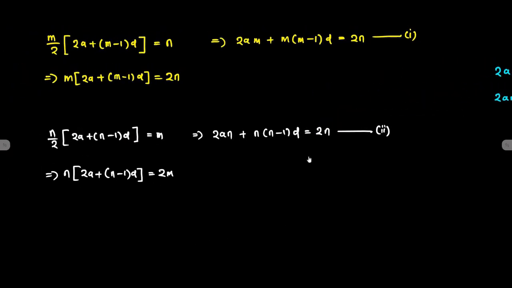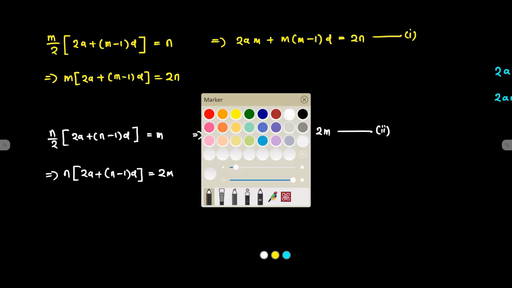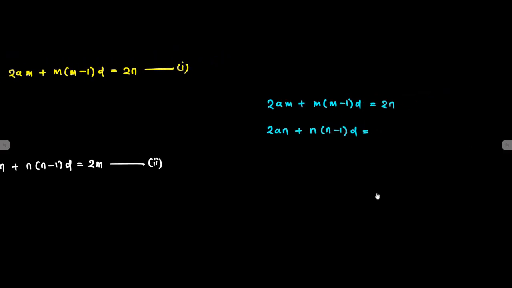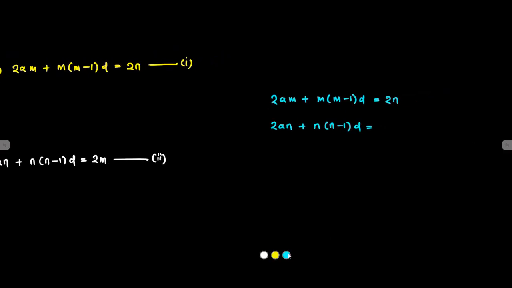Okay, this is 2m, this is 2n. Again, always be careful because silly mistakes like this can happen. This confusion between m and n can happen, so it's very common. Okay, so this is 2m. Now we'll perform the subtraction.